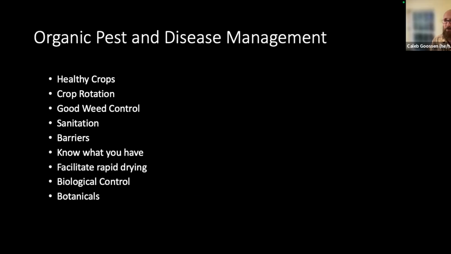There's the botanically based sprays. So if you've heard of neem, azadirachtin is the active ingredient that is from a plant, and it is a growth disruptor essentially. As insects go from one life stage to another, they often have to molt. So if you have a pest that you want to stop before it gets to its adult stage, this might help with that.